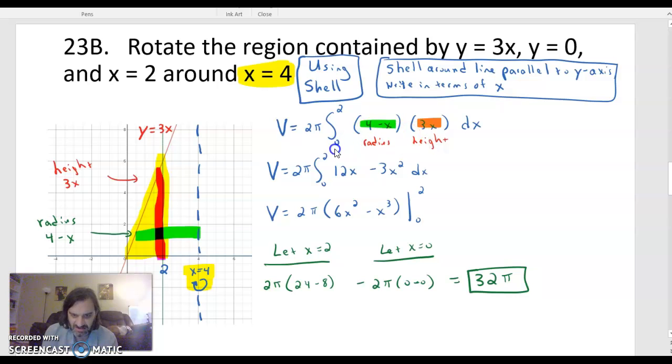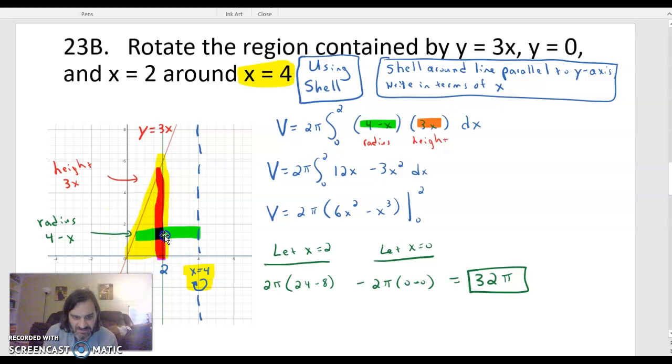So as far as my figure is drawn, the little triangle region in the first quadrant, the x values run from 0 to 2. That's my A and my B. My radius will be from the line of rotation over here at x equals 4 back to whatever the line is. So that'll be 4 minus an x value. So 4 minus x, whatever the x might be.